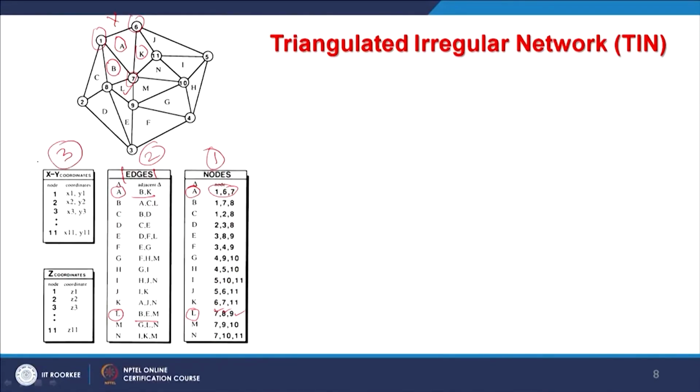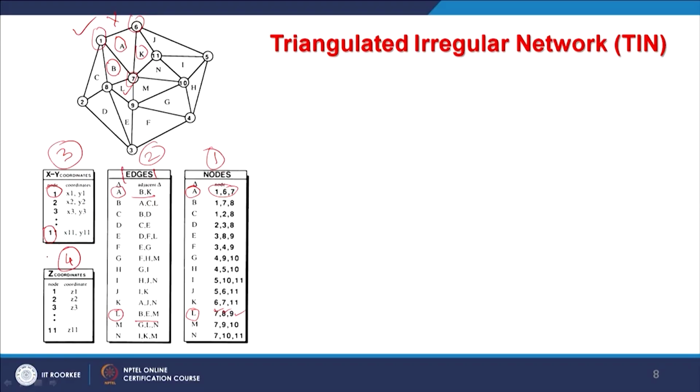Now the third table, which is your XY coordinates table, will have a series of x and y against each node. So if I take node 1, which is here, it has x1, y1, one set. Similarly, if I take node 11, it has x11, y11 and so on. Now the last table will store basically the attribute value of a point file.